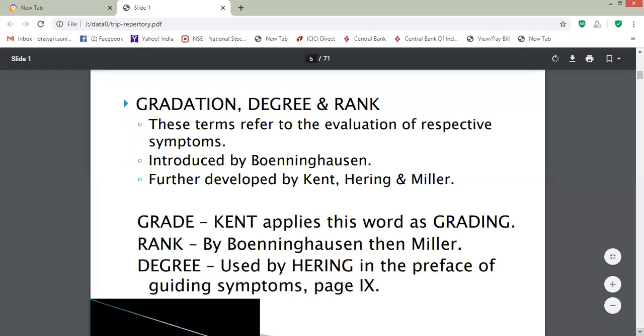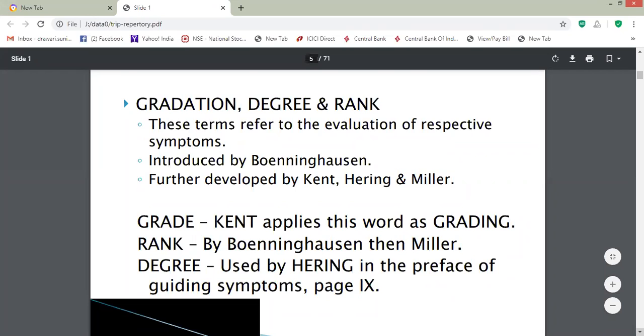But further developments and changes were made by Dr. Kent, Dr. Herring and Dr. Miller, for the easy purpose of repertorization and to avoid confusion among homeopathic practitioners. They made many changes in the gradations of Dr. Boenninghausen.